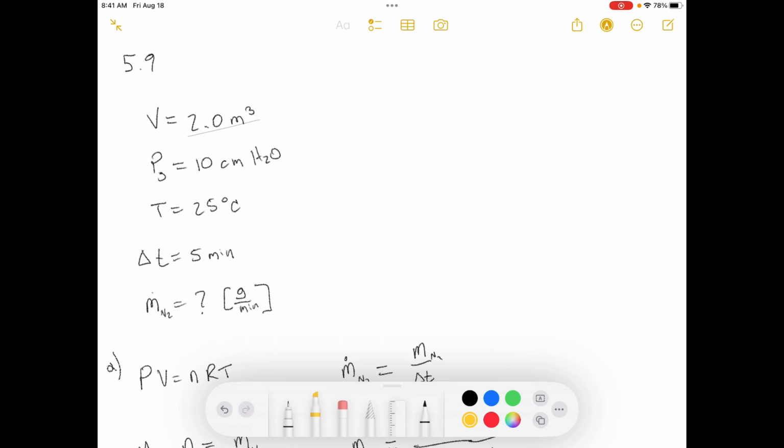Today we're working out of Elementary Principles of Chemical Processes, 3rd edition, and we're doing problem number 5.9. It says the volume of a dry box, a closed chamber with dry nitrogen flowing through it, is 2 meters cubed. The dry box is maintained at a slight positive gauge pressure of 10 centimeters of water and room temperature, 25 degrees Celsius.